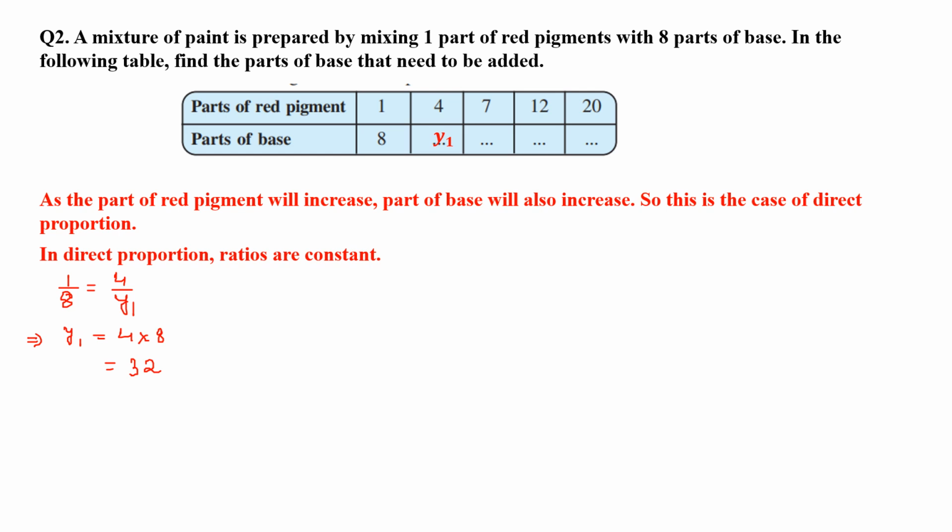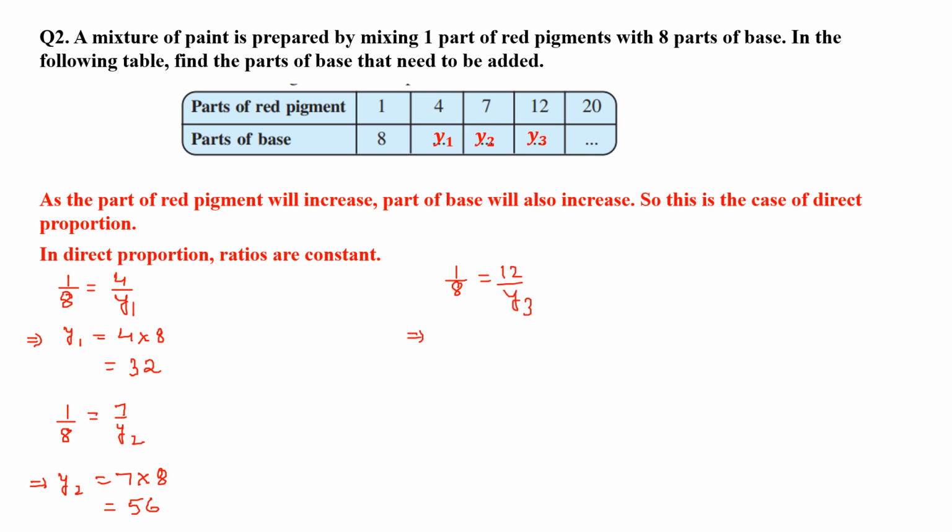Now next I am going to assume the second part of base as y2 when the part of red pigment is 7. So again I am going to use 1 by 8 is equal to 7 by y2. When I do cross multiplication, y2 will be equal to 7 into 8, and 7 into 8 is 56. In the same way, I am considering another one as y3, and again I can write 1 by 8 is equal to 12 by y3.